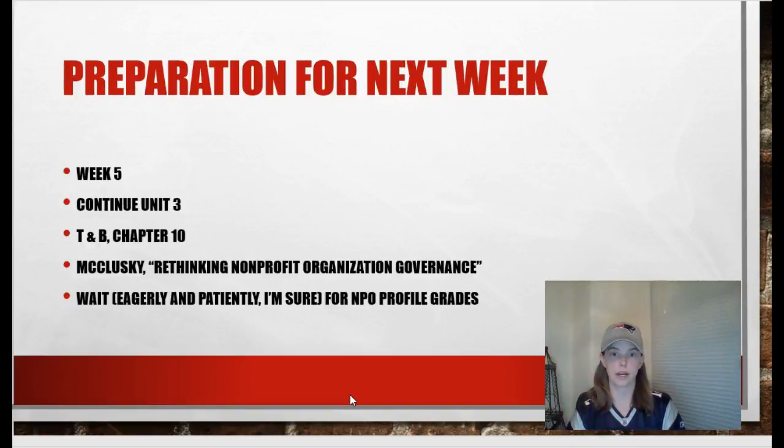So to wrap up our preparation for next week, we are going to be moving into week 5. It's a continuation of unit 3. We've got 2 reading assignments for next week. Chapter 10 of Hart and Gilfield, which is going to focus on executive directors, and then an article by McCluskey that's available on Canvas that asks us to rethink nonprofit organization governance.